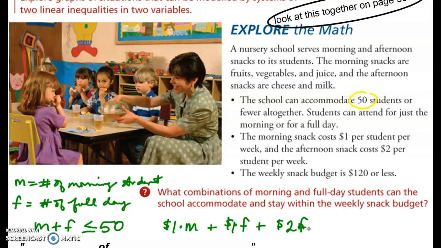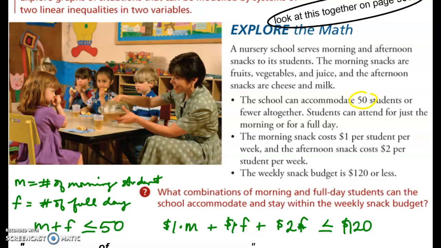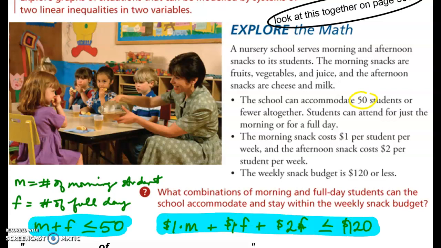And that's for the week, right? And so that morning and afternoon snack cost has to be less than or equal to $120. So you can see here how we can use inequalities to create these restrictions, I guess we could say. And we've got two of them for this one problem.